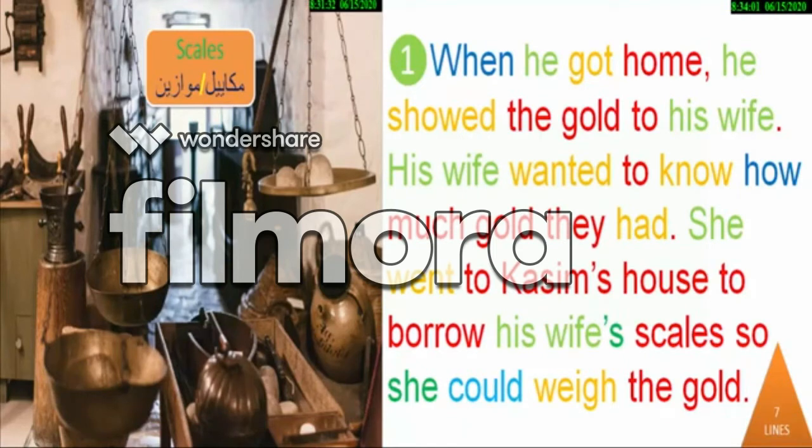Now let us focus on the text and explain what does it mean in details. When he got home, when عندما he got home, got is a verb to get. It means got home, home المنزل. عندما وصل إلى المنزل.